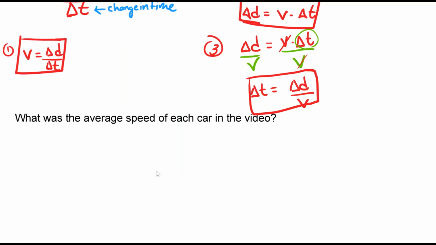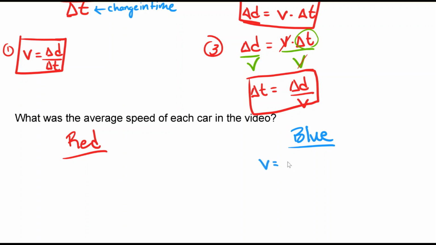So when we go in here and see what was the average speed of each car in the video, let's do the red car over here, and we'll do the blue car over here. The blue car was easier to deal with. It went 1.3 kilometers, okay?